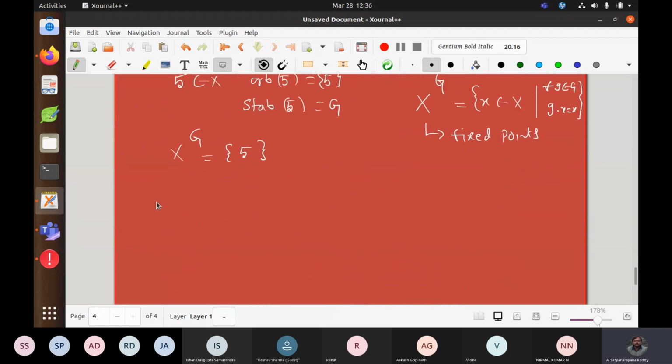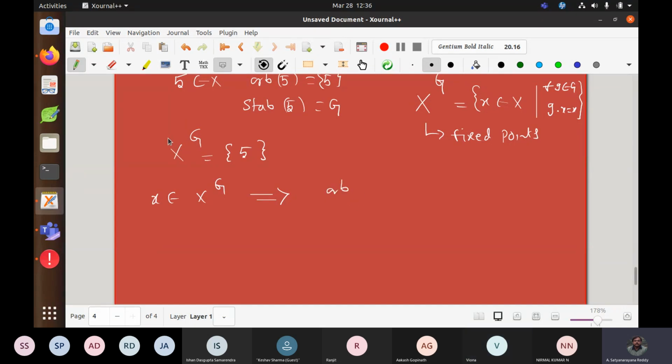So how do you say that x belongs to Xg implies what? Some other criterion, can you say in terms of orbits? The orbit is singleton x.